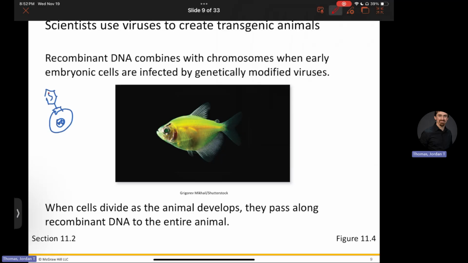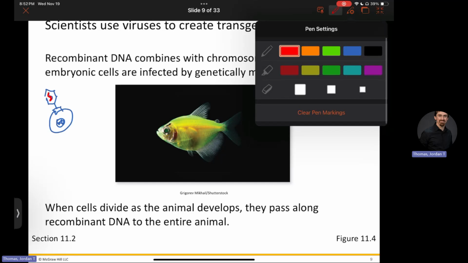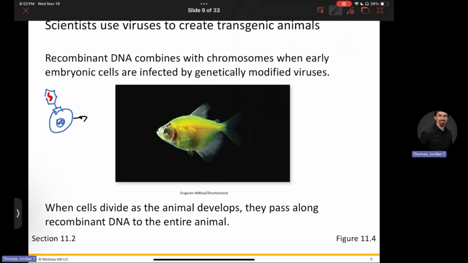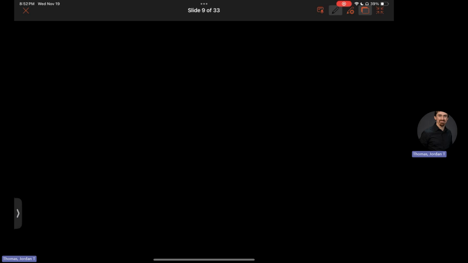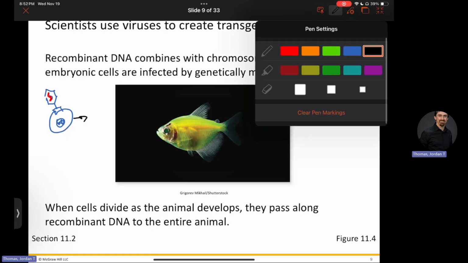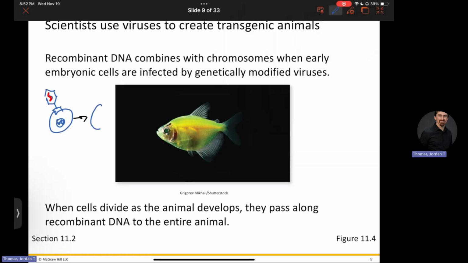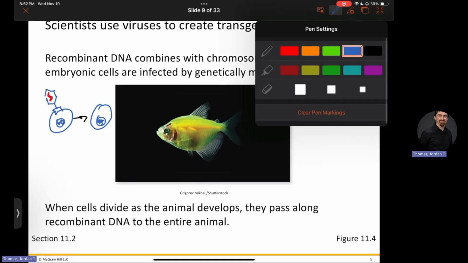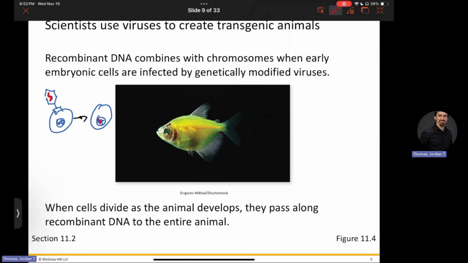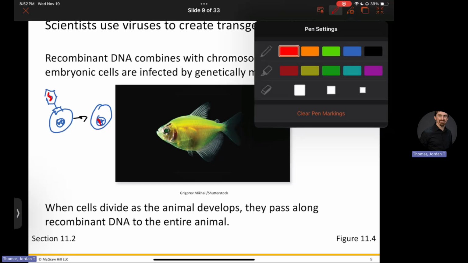Let's mark that red. So you have the new DNA in there. Then the DNA is introduced to that new embryonic cell. So the embryonic cell has its own DNA, but it's a transgenic organism because it has that one new gene, that recombinant DNA.